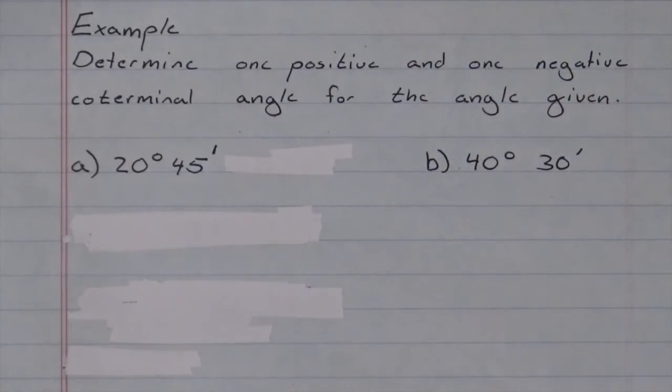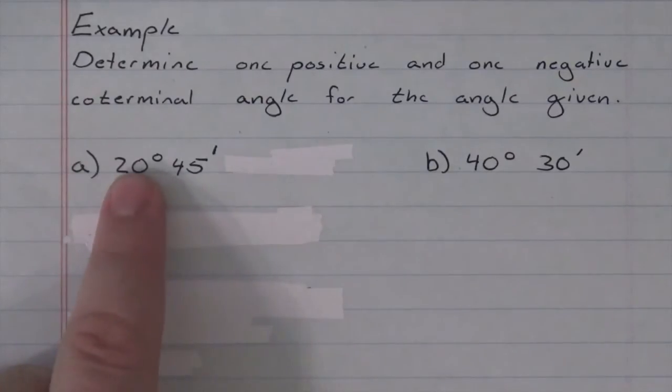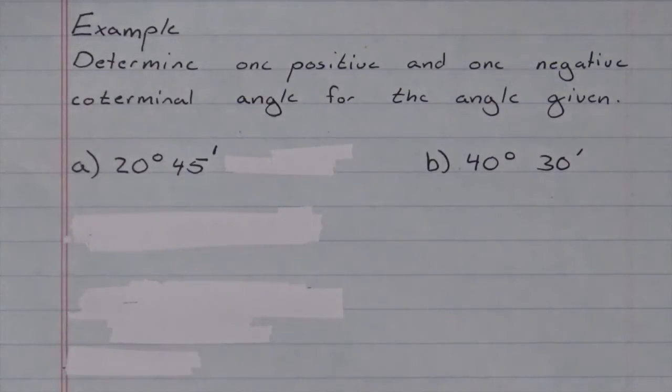In this particular problem, I've given you your angle in degrees and minutes. We can solve this problem several different ways, but I think this is one of the more simplistic ways, where you don't have to worry about how many minutes you're going to borrow from the degrees.